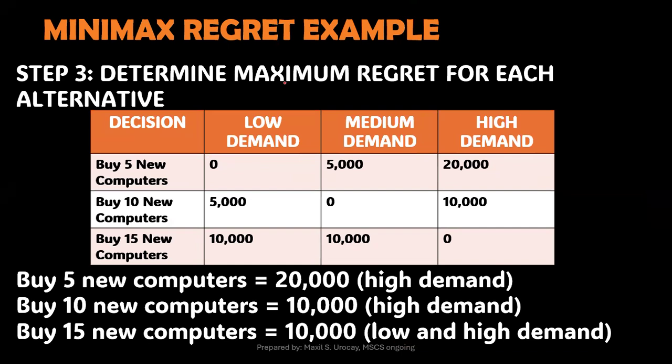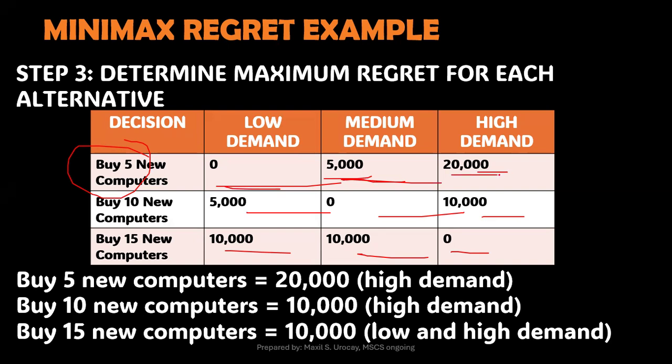If you print out the table, it will become 0, 5,000, 20,000; 5,000, 0, 10,000; 10,000, 10,000, and 0. Then you compare and determine the maximum regret for each alternative. For 5 new computers, low demand is 0, medium is 5,000, and high demand is 20,000.